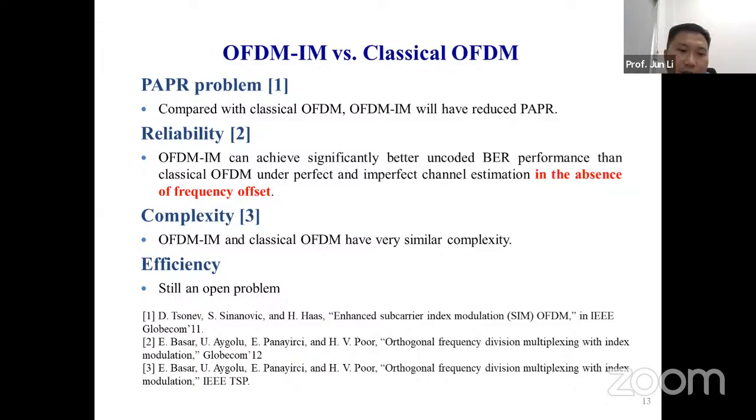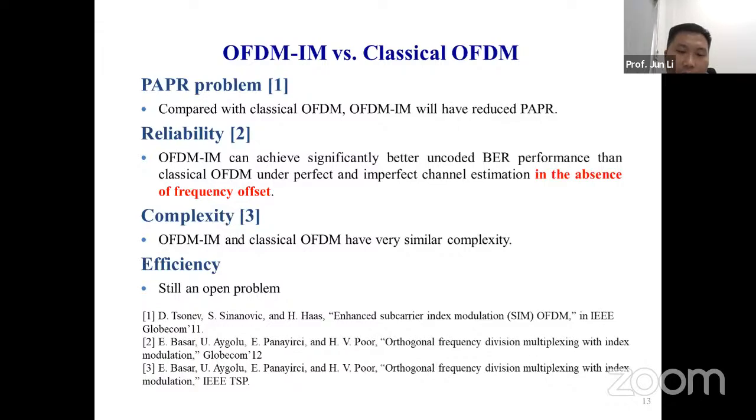And the last one is the efficiency. In my opinion, the OFDM IM will have somewhat smaller spectral efficiency than the OFDM. This is also one open problem.